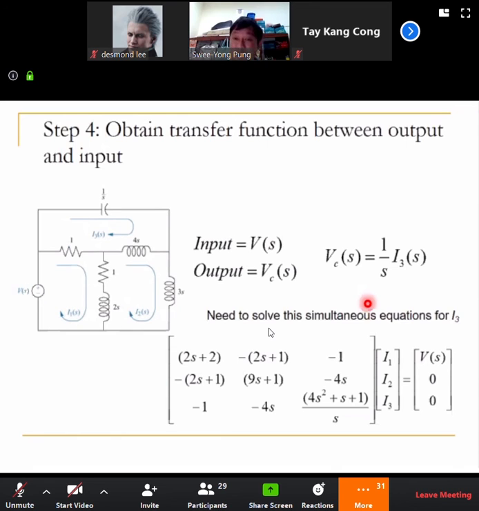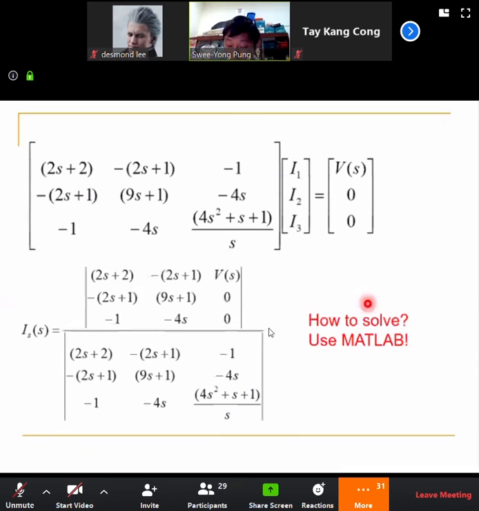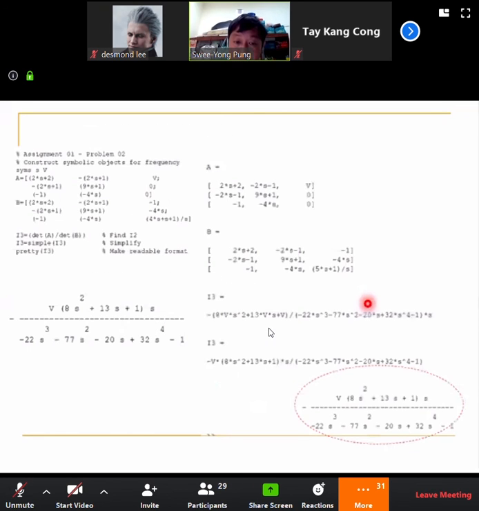So I want you all to try to solve it 3 by 3. Another way is using MATLAB, which unfortunately we did not discuss and I don't think we are able to cover in this course, but we can use MATLAB to solve it.